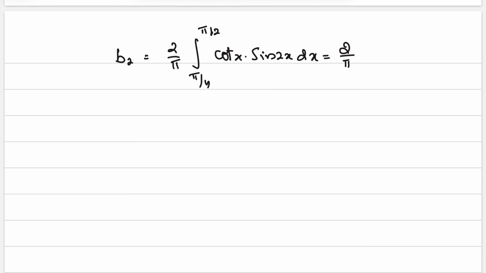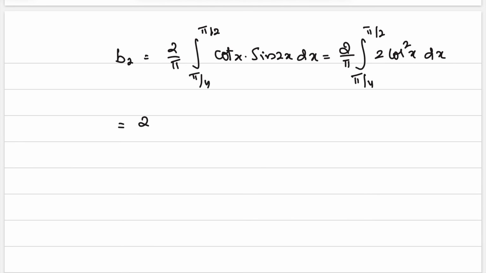So 2 by pi into integral pi by 4 to pi by 2 2 cos square x dx. 2 cos square x is nothing but 1 plus cos 2x, since cos 2x is cos square x minus sin square x.